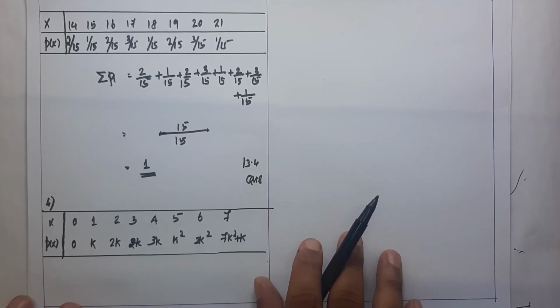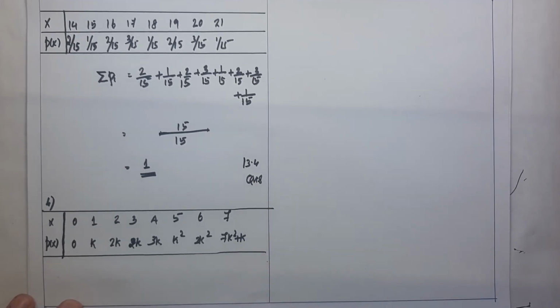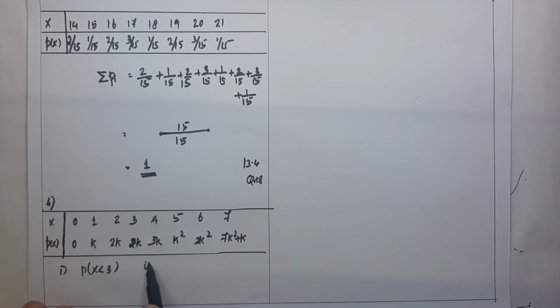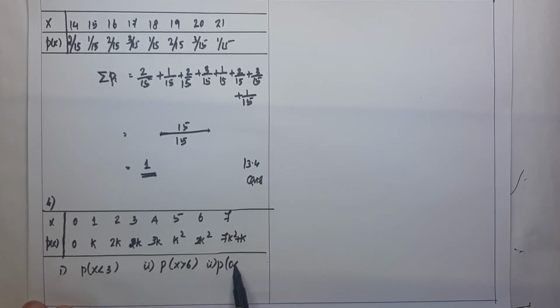First of all we find the value of k, and hence determine: first, p of x less than 3; second, p of x greater than 6; and third, p of 0 less than x less than 3. These are the main questions.